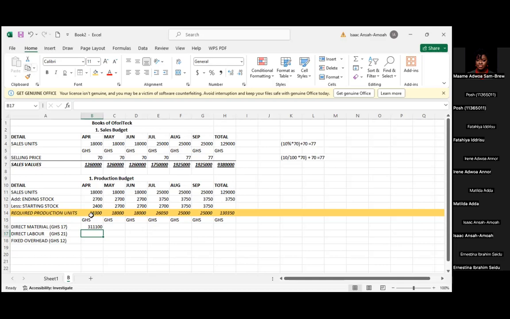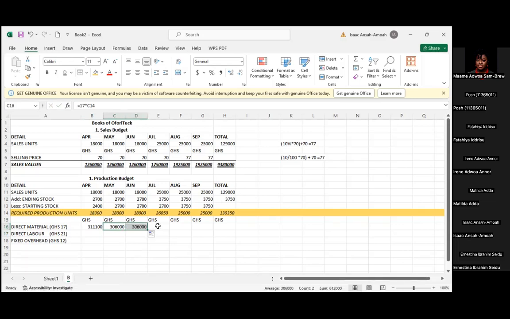Okay. So if I come to May, I'm multiplying 17 cedis by 18,000, which is the required production unit. 306,000. And then I do the same for July.